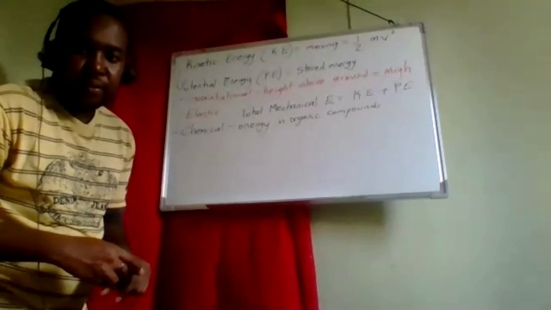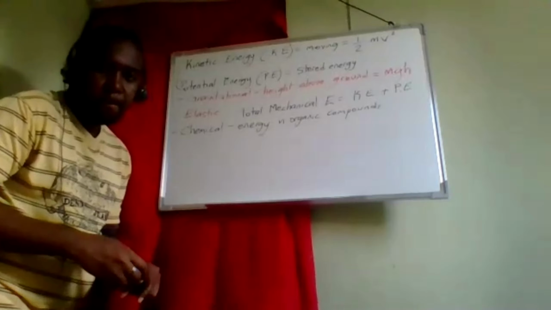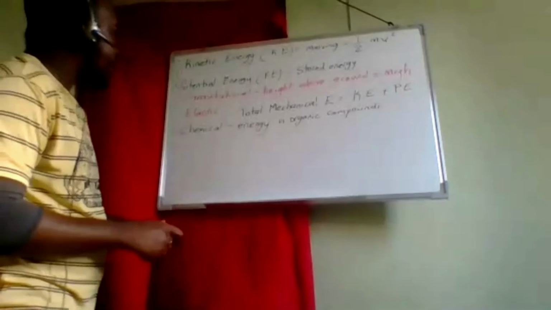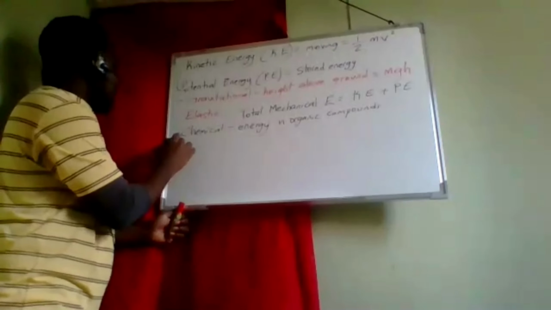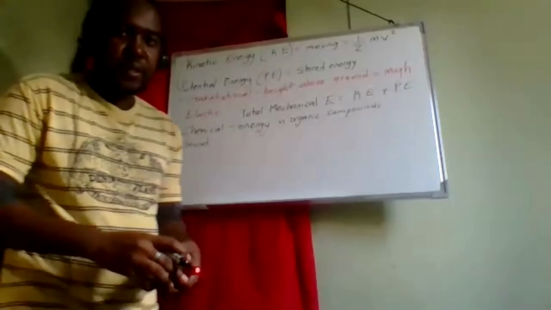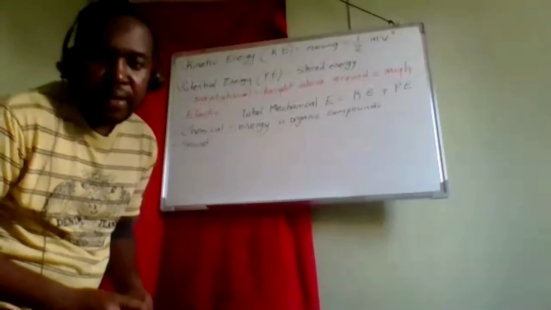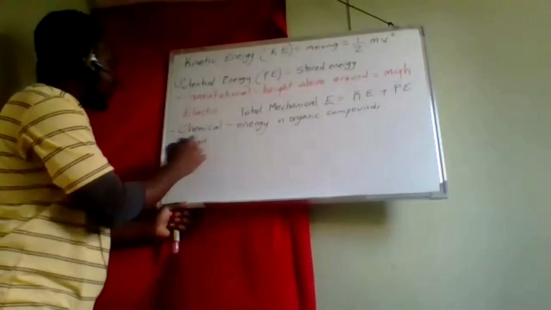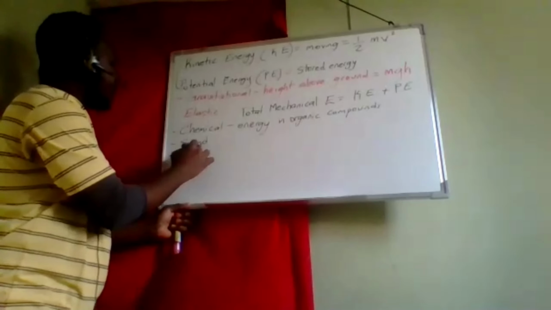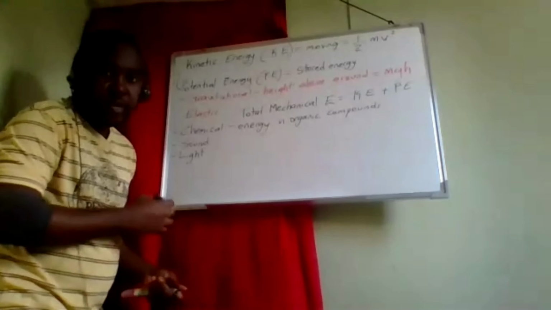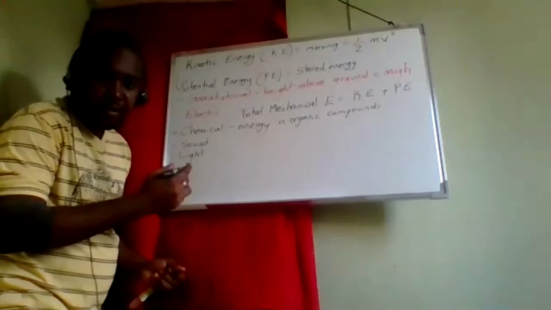Any other form? Sound energy, great. Sound energy is the energy of objects that vibrate to produce sound. Also electrical energy and light energy. Light energy is the energy that objects have in order to create light.